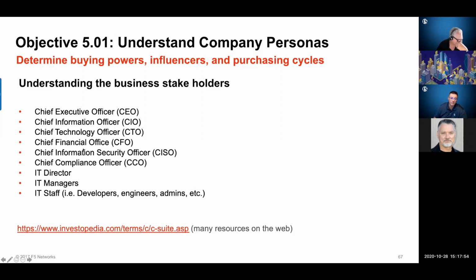These guys might have other projects going on, especially compliance officers. They might have compliancy requirements where they have to be PCI compliant, or else they're going to get fined for doing payment card services. This is where you might want to find out these stakeholders and say, hey, we need to talk to your guy here because, if you're doing PCI, we could help you with our F5 web application firewall and some of our other products.